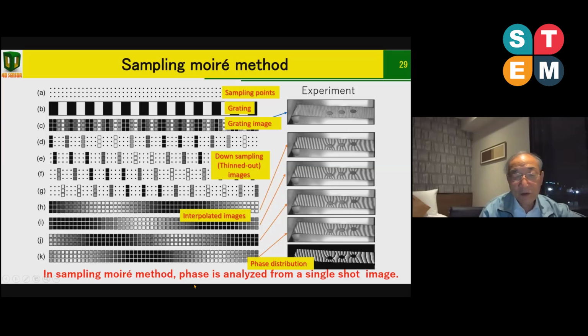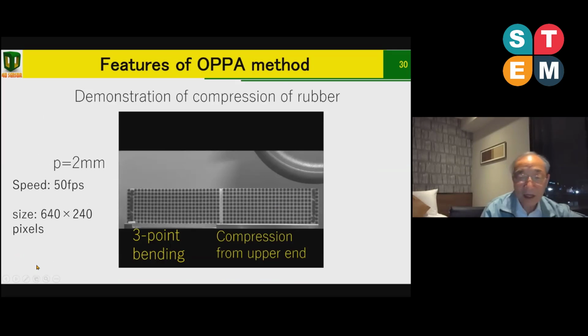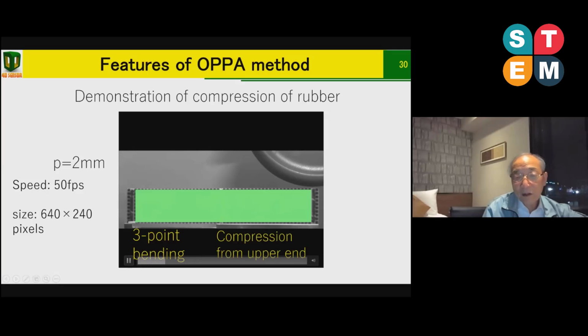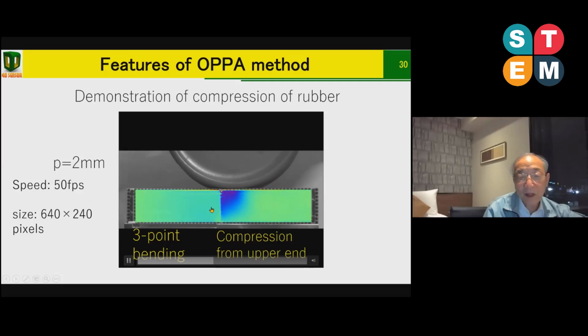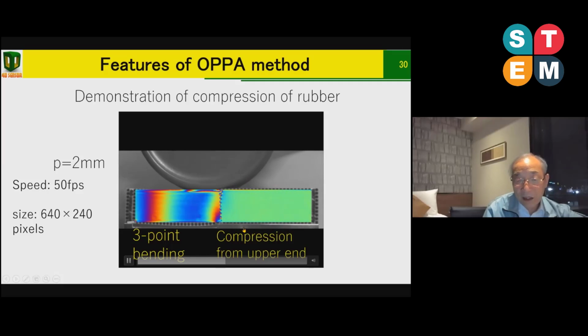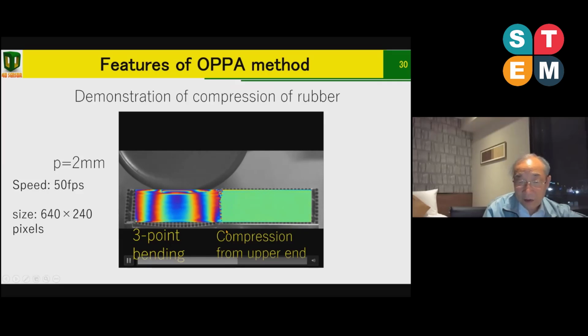So in the sampling moiré method, phase is analyzed from a single shot image, almost the same as the OPPA method. This one analyzes the movement. The grating is pasted on the rubber specimen, and here is fixed.